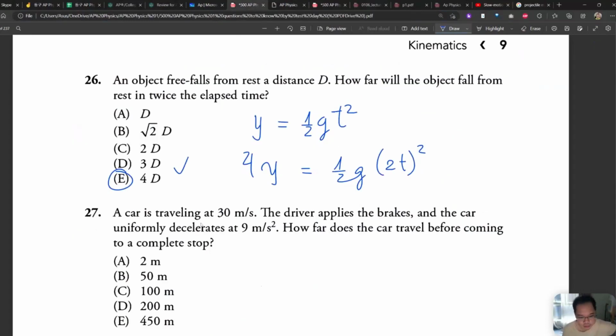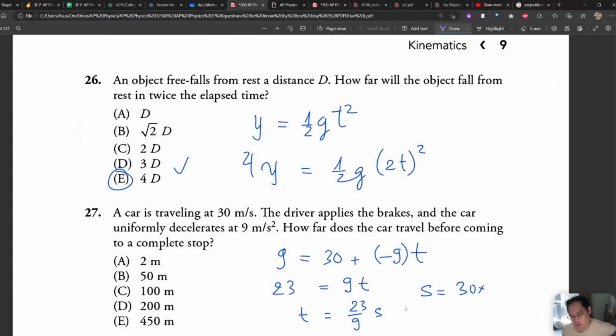The final velocity 0 equals the initial velocity 30 plus the deceleration, minus 9, multiplied by the time. So 30 minus 9t equals 0, and the time is 30 over 9 seconds. The distance s is the initial velocity 30 multiplied by the time, plus 1/2 times the deceleration, minus 9, times the time 30 over 9 squared.